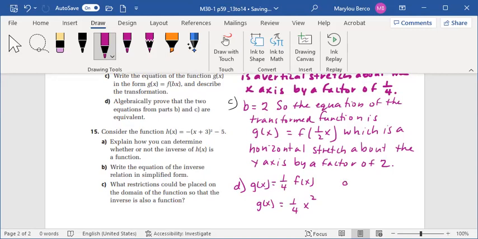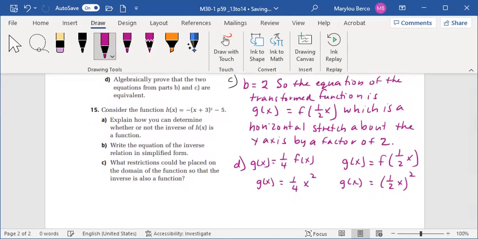Then we have g of x equals f of 1/2 x. G of x equals 1/2 x squared. G of x equals 1/4 x squared.